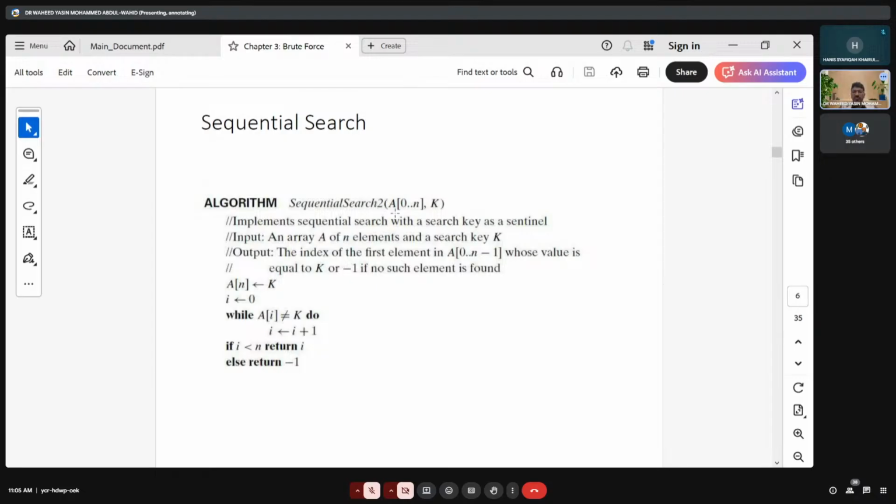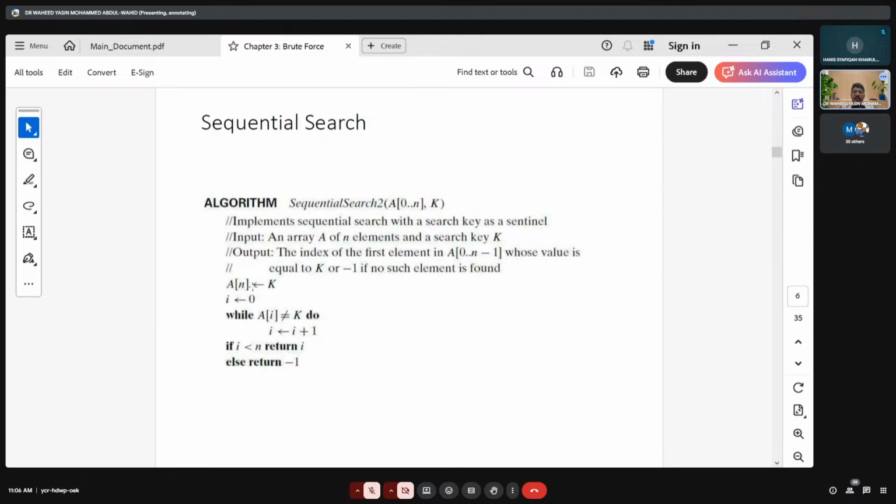Algorithm 2: sequential search with a sentinel. Input: an array A of n elements, and a search key K. Output: the index of the first element in A[0..n-1] whose value is equal to K, or -1 if no such element is found.